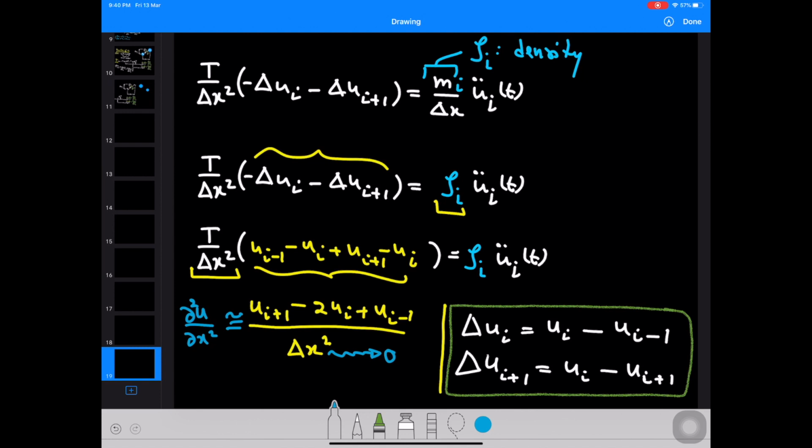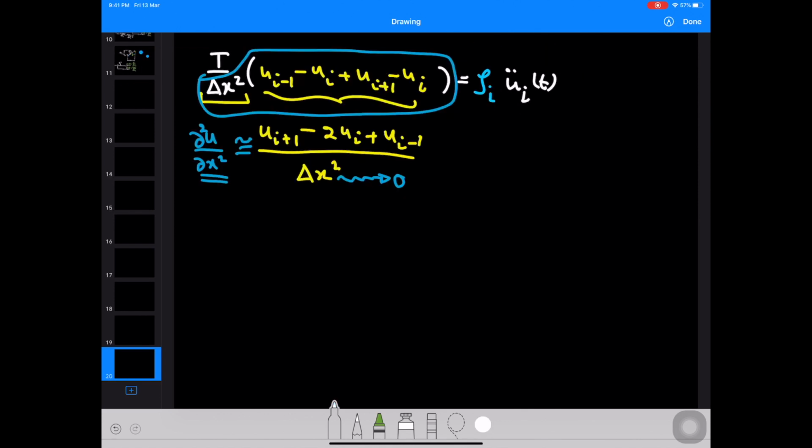Good? Now let's substitute this term with the second derivative. So we get T times, I'm going to use u_xx to designate the second derivative of the vertical displacement with respect to x, is equal to rho.